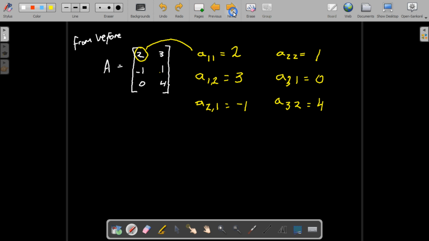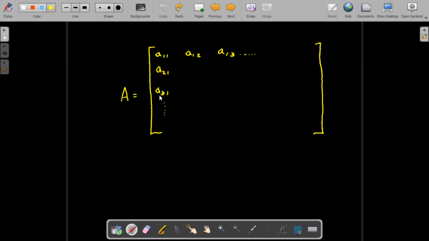So summarising, for any matrix, doesn't matter how big or how small, we can start to make a bit of a summary. This element here is always going to be a_11, matrix A, first row, first column. This one here, second row, first column, is always going to be a_21. That's the position of that element. Same thing for this one.